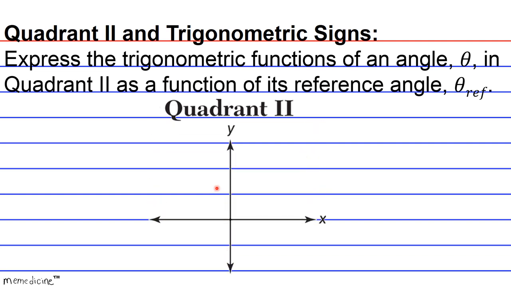So let's say we're interested in quadrant 2, and let's say that this is our theta. It's an obtuse angle rather than an acute angle as in quadrant 1. So we're going to demonstrate what this reference angle would be. Basically, here goes our hypotenuse, and the reference angle is going to be the negative acute angle made with the x-axis.